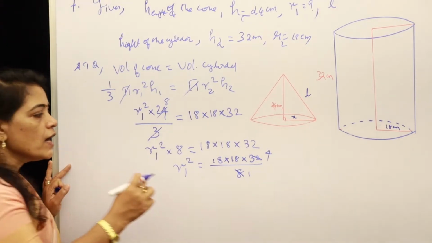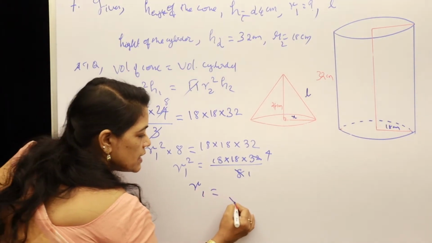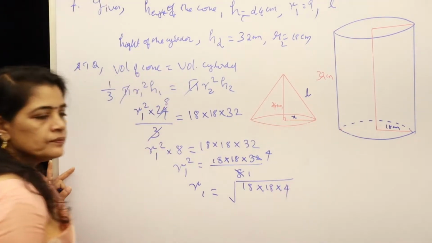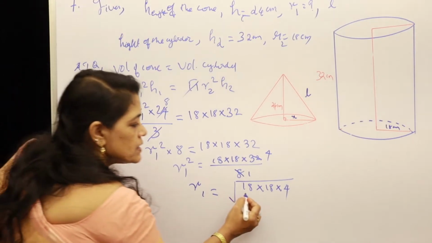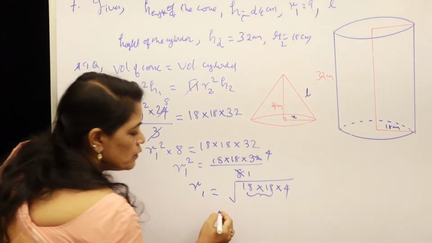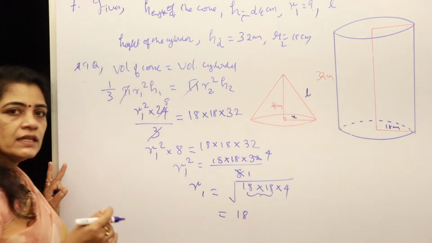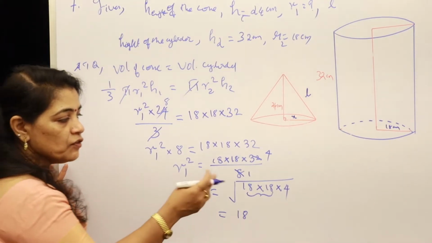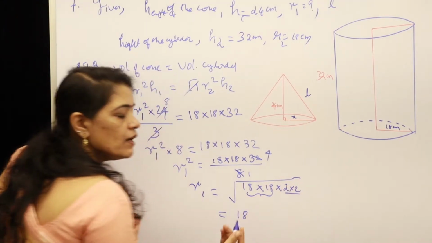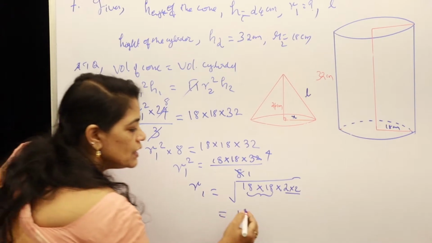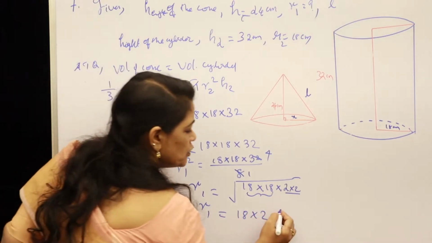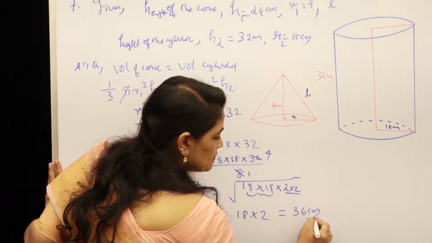The square root of r1 square means r1. These numbers will come in the square root into 4. If numbers occur in pairs, you can take one from each pair, so you can take 18 out of the square root. And if you write 4 as 2 into 2, you can take 2 from the square root. Their product gives the radius of the conical heap, that is 18 into 2, that is 36 centimeter.